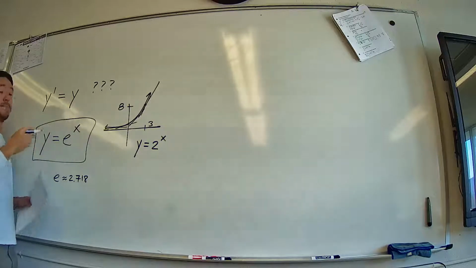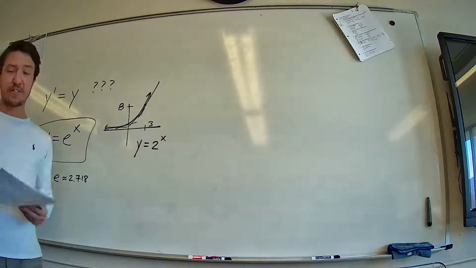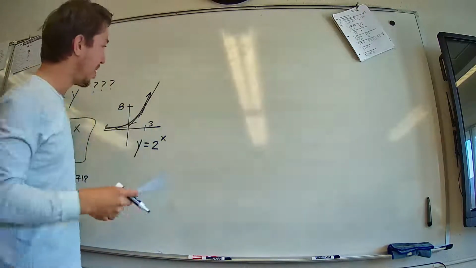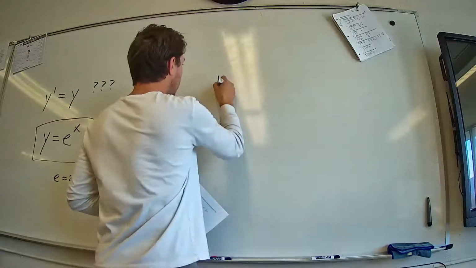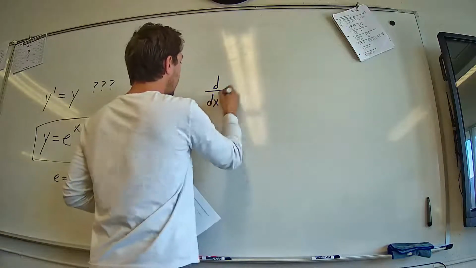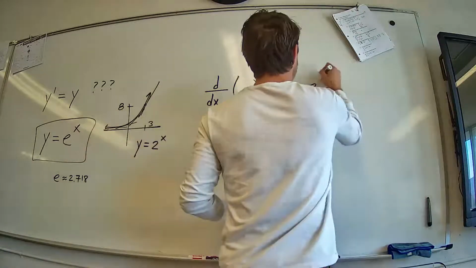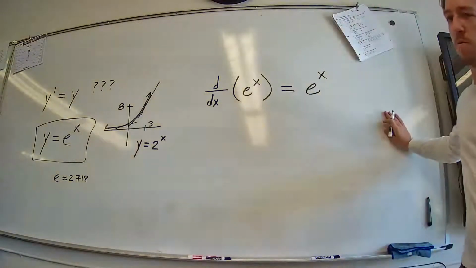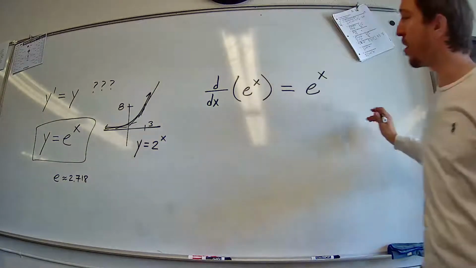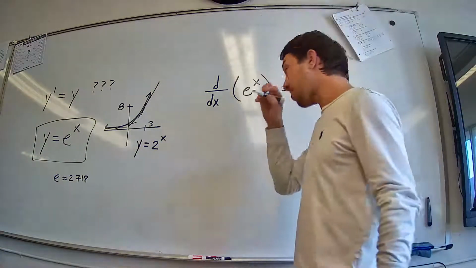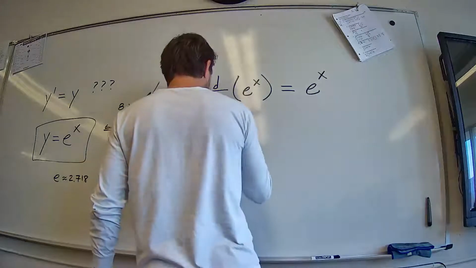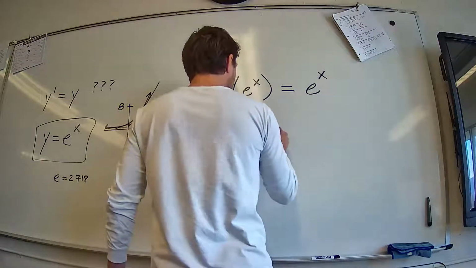Okay, anyway. So the first fact that we know, and this is a big fact, is that the derivative of e to the x is equal to e to the x. Big fact there. So now we know a rule called the chain rule.